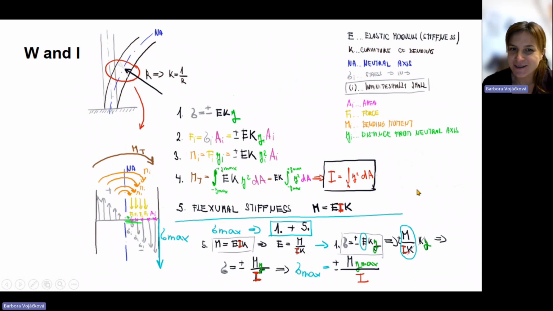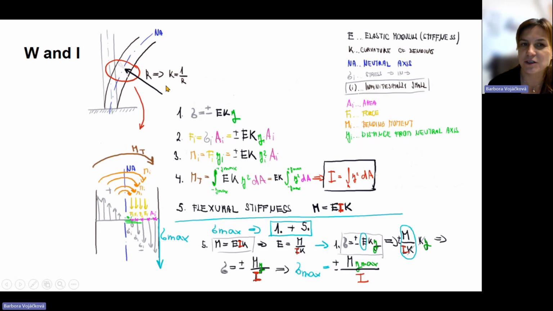So this is a little bit from the theory. It's really a kind of simplification of the mechanics, but I think it's good for the understanding. So let's look in detail at what is happening in the tree when it's bending. When the tree is bending, we use, as I said, the theory of a cantilever beam, of a bending beam, which is based on the presumption that when the tree is bending, there is some curvature of the tree stem.